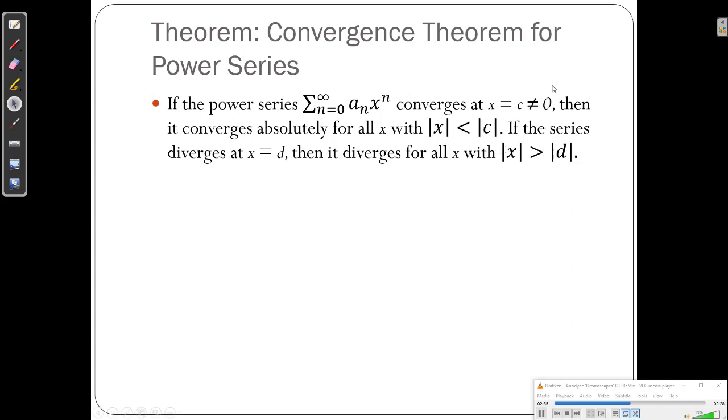So if you have some c where it converges, every x that's closer to 0 than that c will also converge there. And if the series diverges at some number d, then every x farther away than d from 0 will also make the power series diverge. So let's do the proof for this.